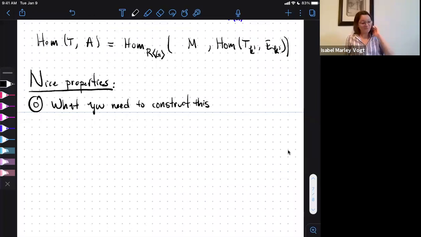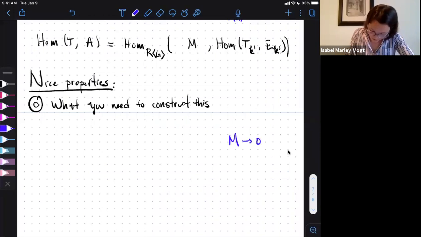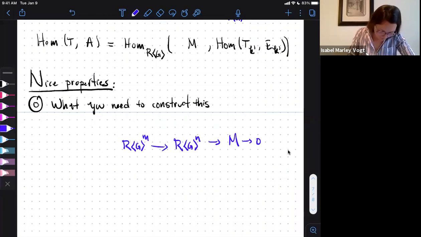Let's think about mimicking the general abelian category theoretic argument that I outlined at the beginning. So we choose some finite presentation of our module, R angle bracket G to the N, R angle bracket G to the M.